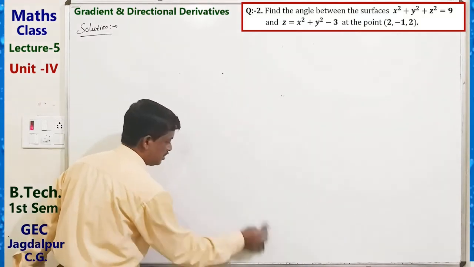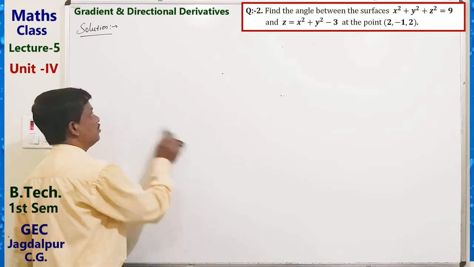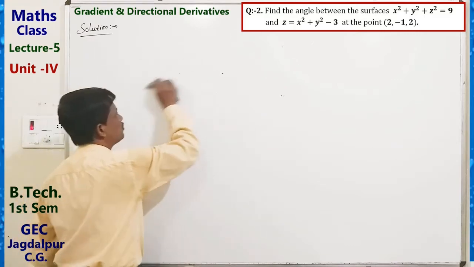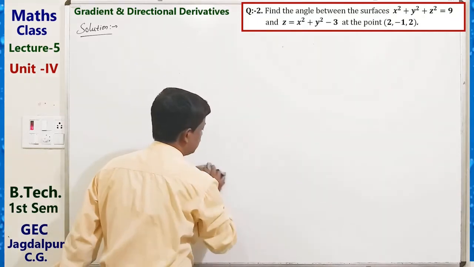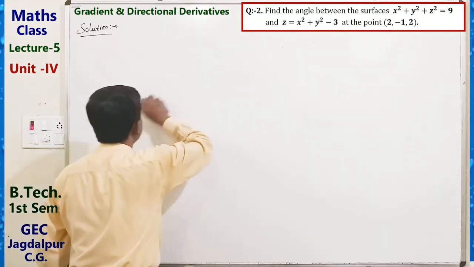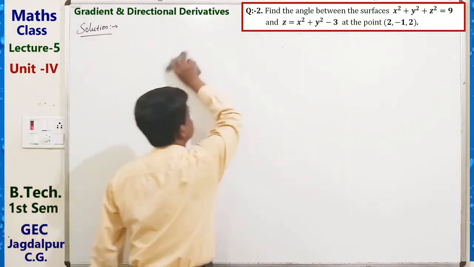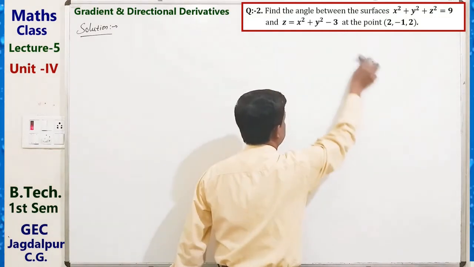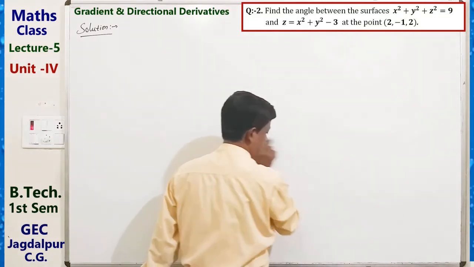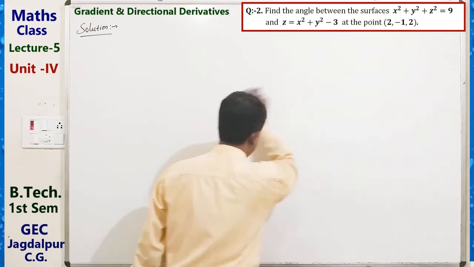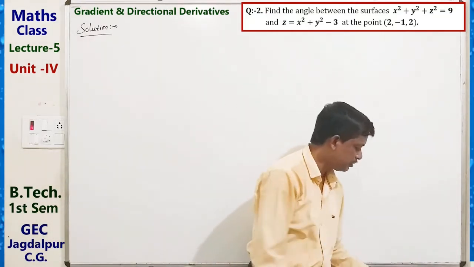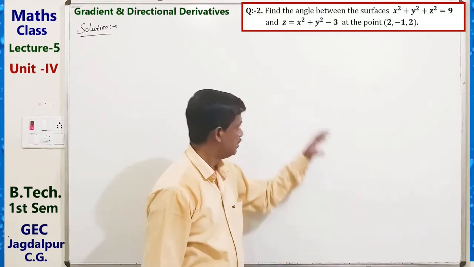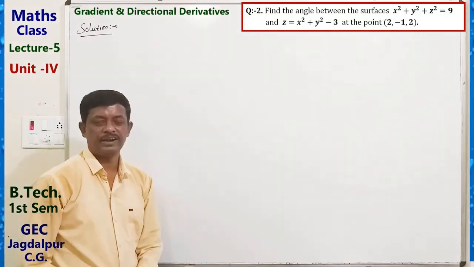After finding the normals to the surfaces at that point, we can find the angle between the two surfaces at that point. So very simple, just find ∇φ1, ∇φ2. Here first surface φ1, second surface φ2. That is the main technique for finding the angle.